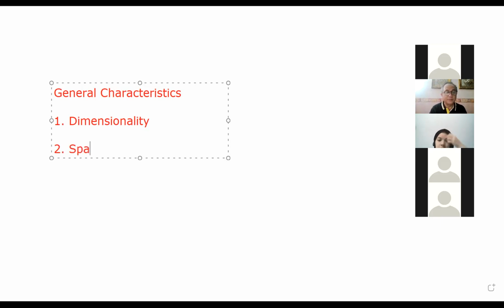sparsity of data. Sparsity of data, with some with asymmetric features.